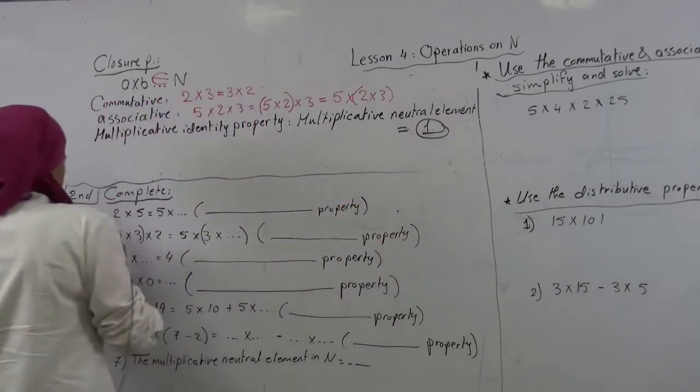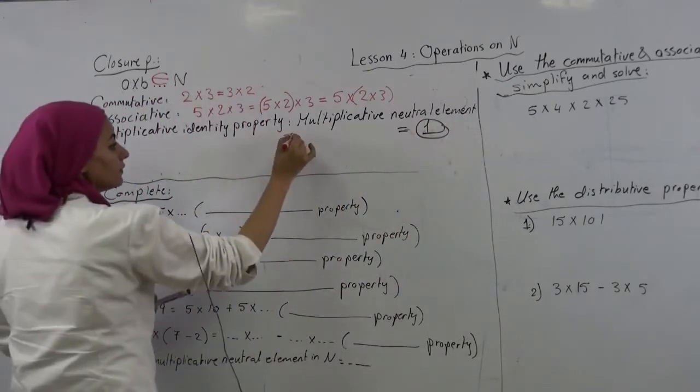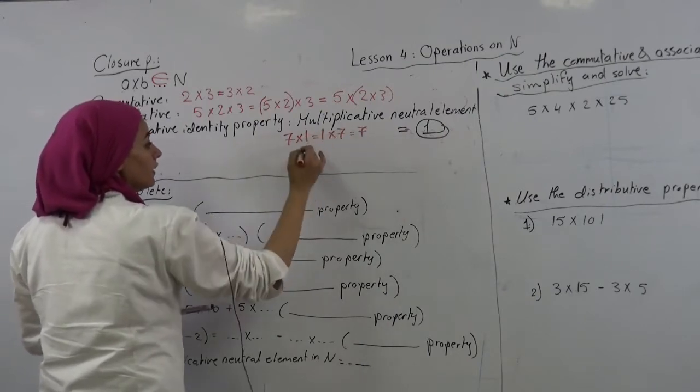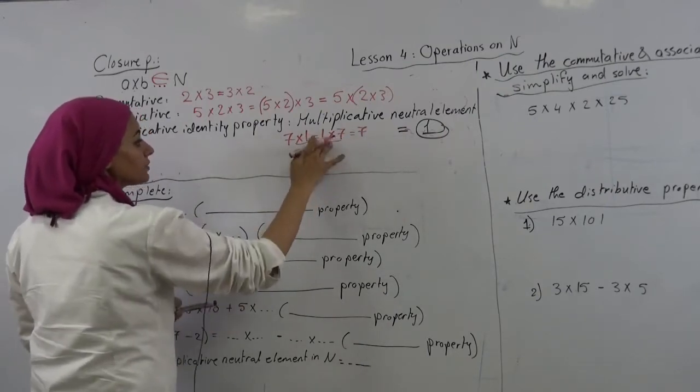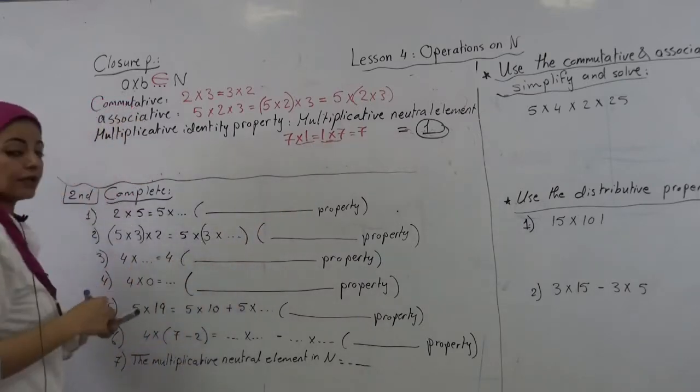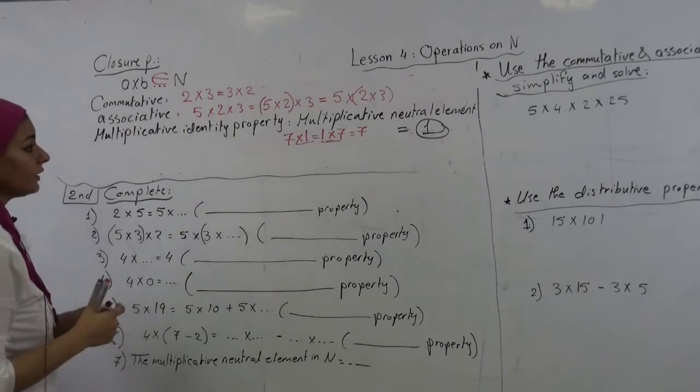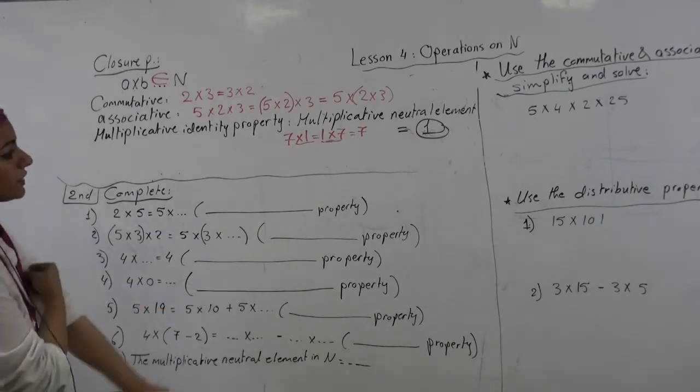Let's see. 7 times 1 equal 1 times 7, it will stay 7. That means multiplying any natural number by 1 will leave the natural number as it is, which is 7. So the multiplicative neutral element in natural numbers is 1.